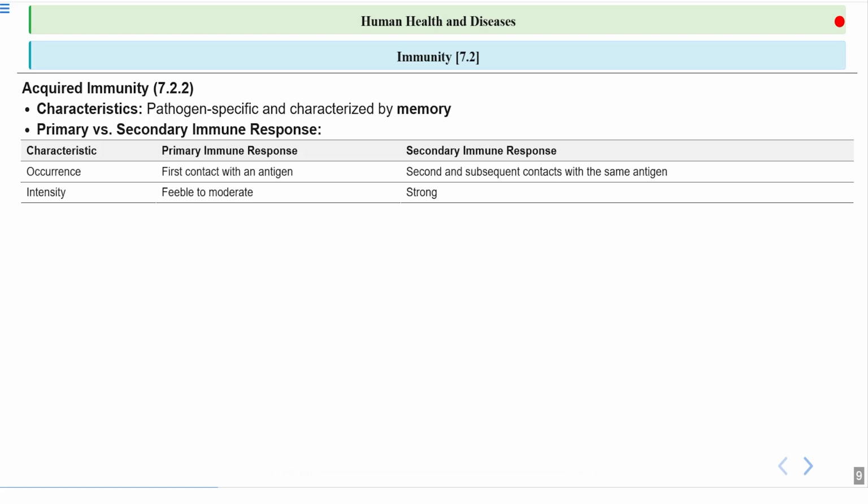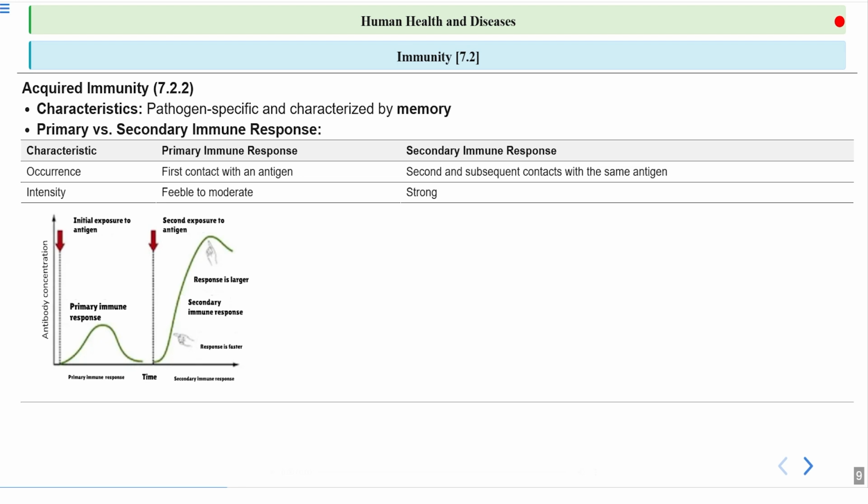So you can see the memory cells were produced during the primary immune response. During the primary immune response, what is happening? The antibodies are being generated against these pathogens. Memory cells are formed, and in the secondary immune response, because of these memory cells, there is a heightened immune response.